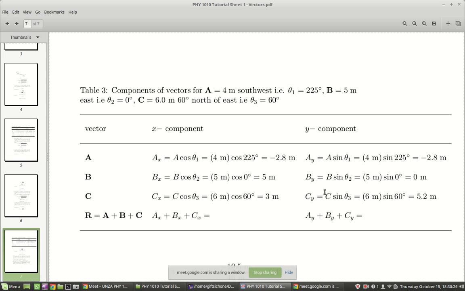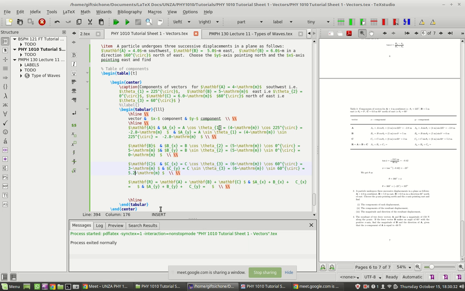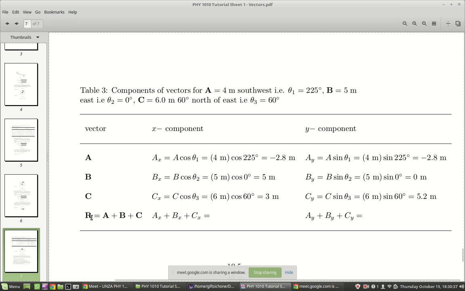So we need to add the components to get the arrow which we have here. This is the resultant.